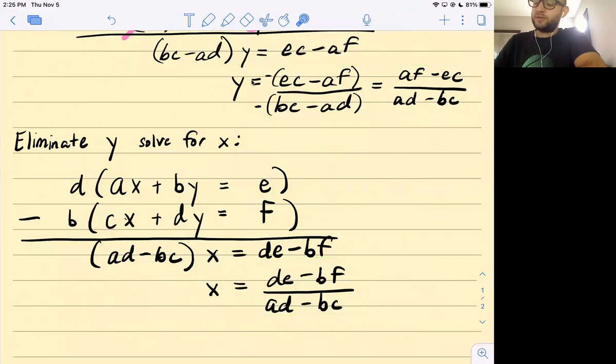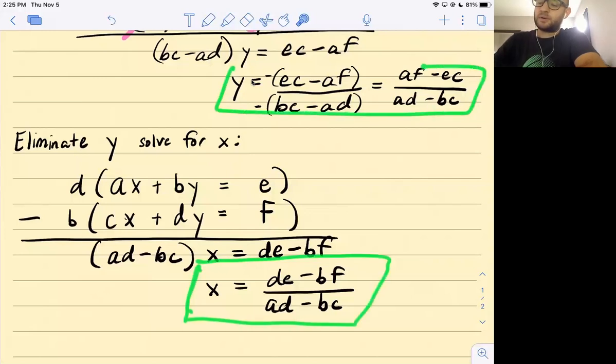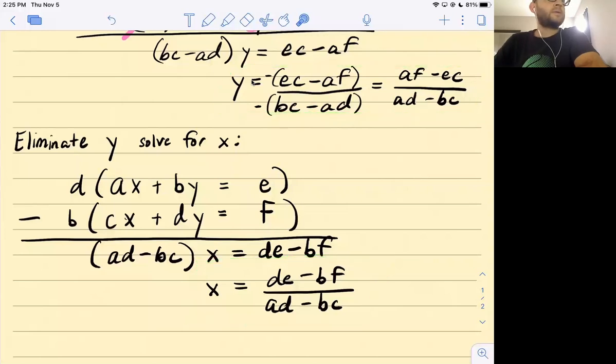If you have these numbers, you can just plug them in and get x and y. But what expression do the answers have in common? It's always going to be some sort of subtraction, that's right. But look at these answers. Do you see anything that they share?